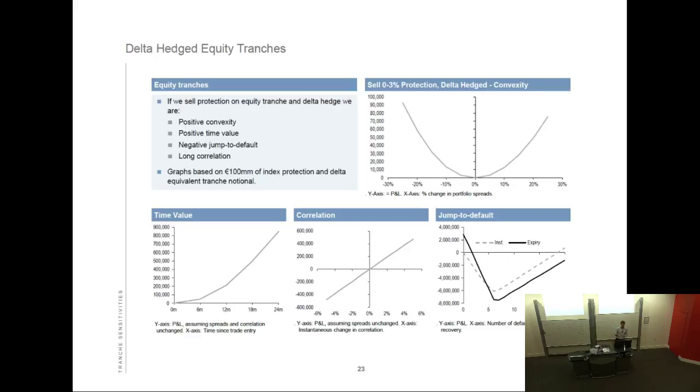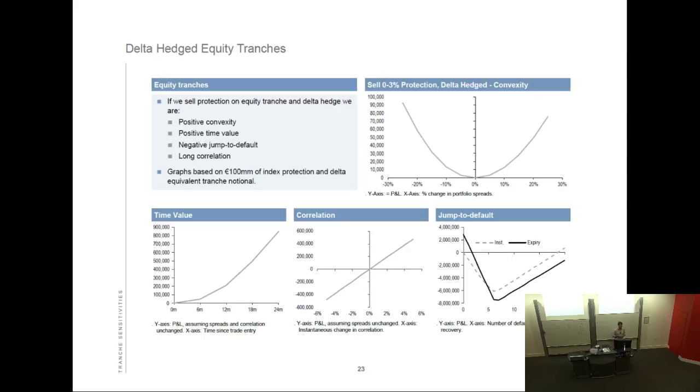In a way you can have positive time value and positive convexity, which is normally something you only get for being outright long. But in this case, you're market neutral. So positive convexity and positive time value in a market neutral trade, in return for giving up jump to default risk. If you're not concerned about default risk or jumps, then you say, okay, you never get something for free, but I'm happy to trade convexity and time value against jump.